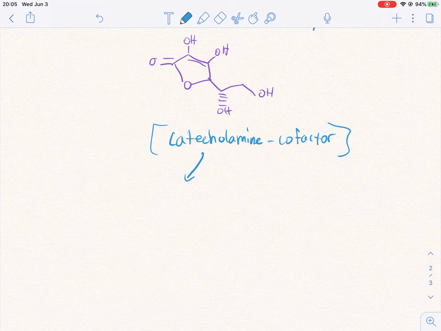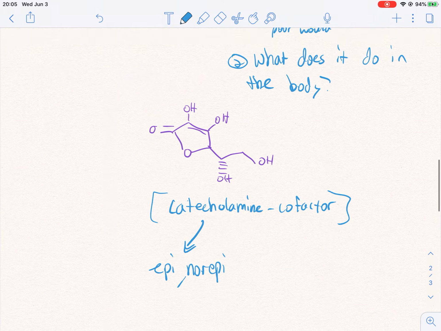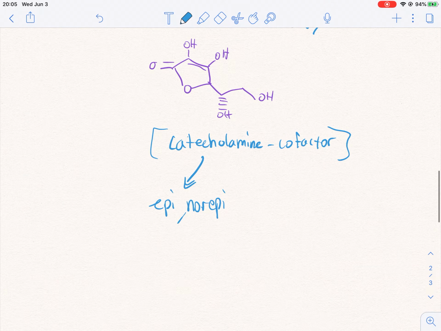Catecholamines are basically the compounds epinephrine, norepinephrine, and others that run through our brains every single day, that balance our mood and our function as human beings.